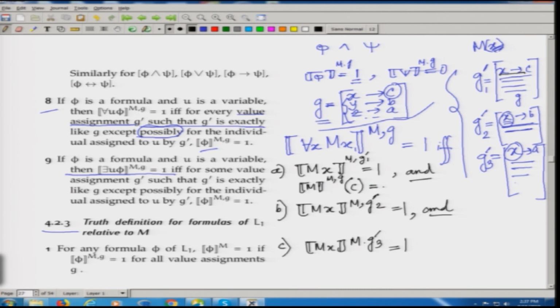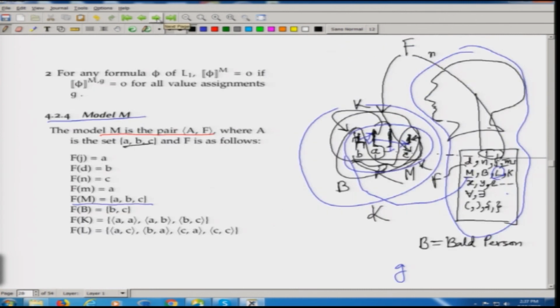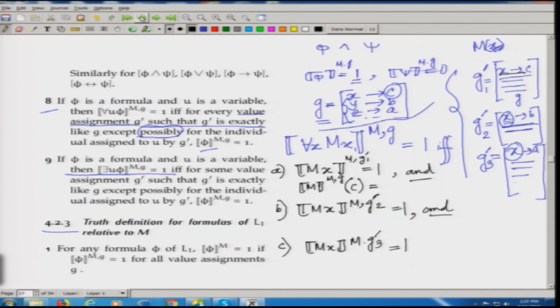Is it 1? We check every time. Yes, m c is there in m. Therefore, it is 1. This is just us checking informally whether this is the case. Yes, this is the case.